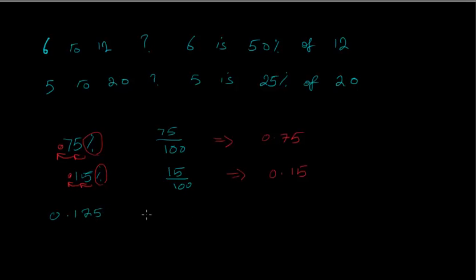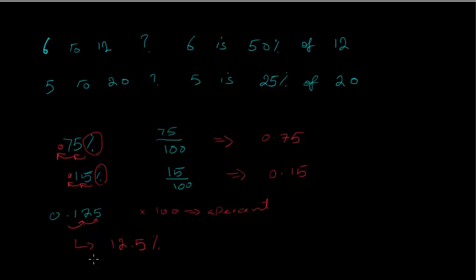The rule says that you need to multiply it by 100 in order to make it to a percent. But the easy way is to move the decimal point 2 places to the right, and the result is 12.5% of something.